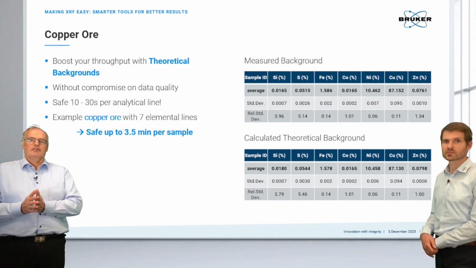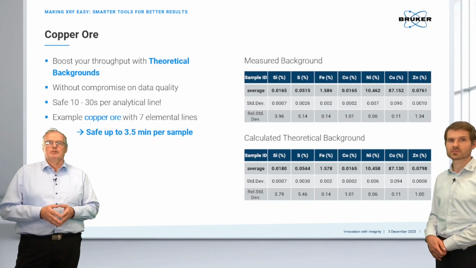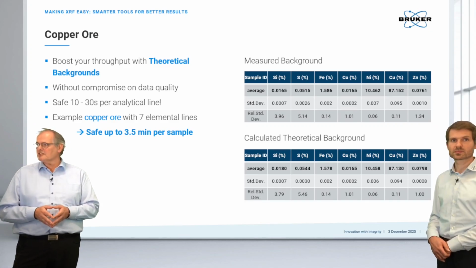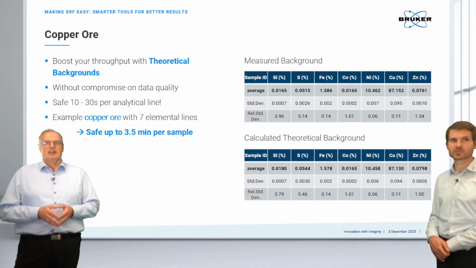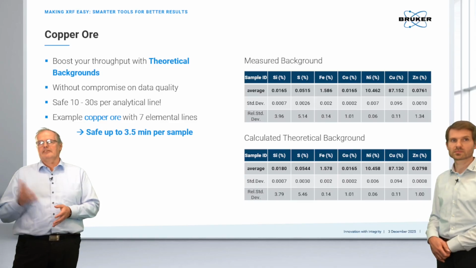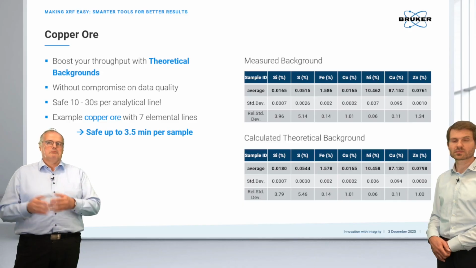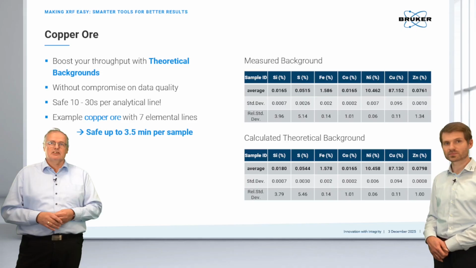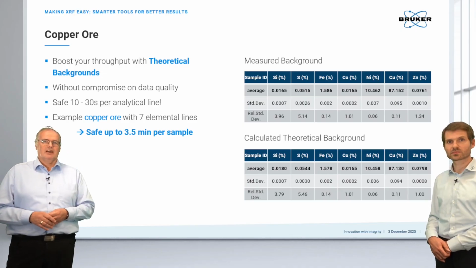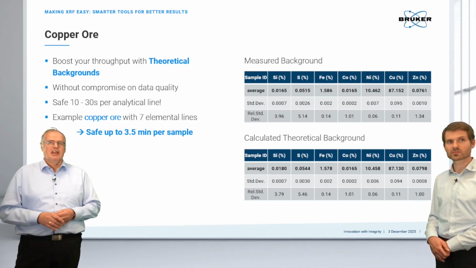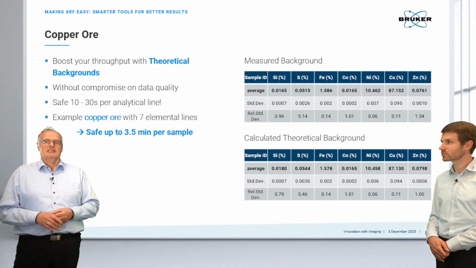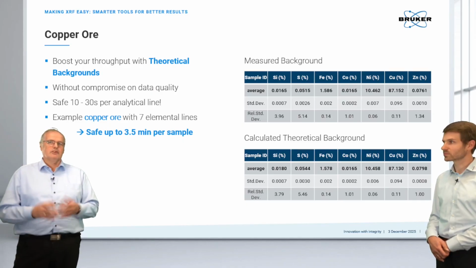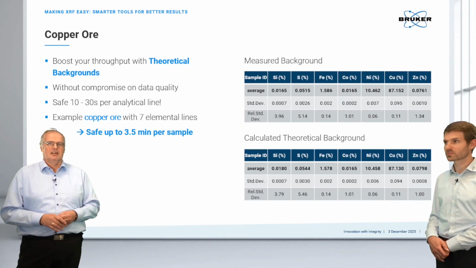Here we have a comparison where we measured the background positions, and you can compare with the calculated theoretical background. You see that we almost achieved the same relative standard deviation. That's quite impressive. But the outcome is that we can save 3.5 minutes per sample.